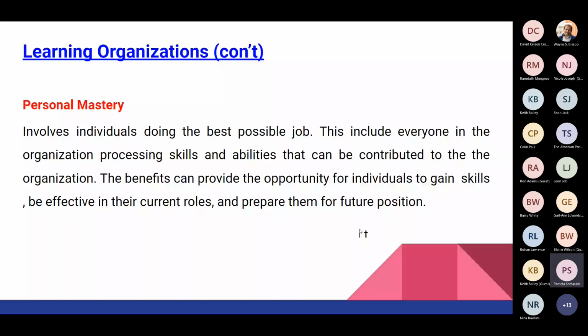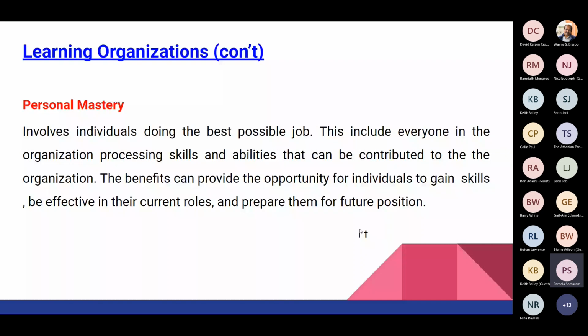Everyone in our organization, officers and members, has skills and abilities that can be contributed to the organization. It is important for leaders, and we consider ourselves leaders because we manage it, to work with the group's membership, not only so the individual can gain the necessary skills to be effective in their current roles within the organization, but also as a way of preparing them for the future positions.